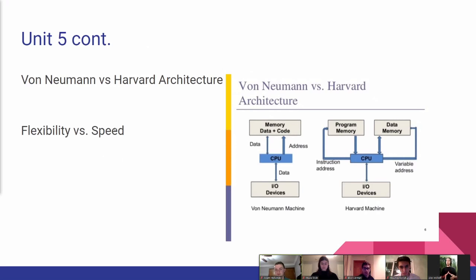Whereas the Harvard architecture has 2 channels, one for sending the address of the instructions, and another for getting the instructions that are at that specific place.